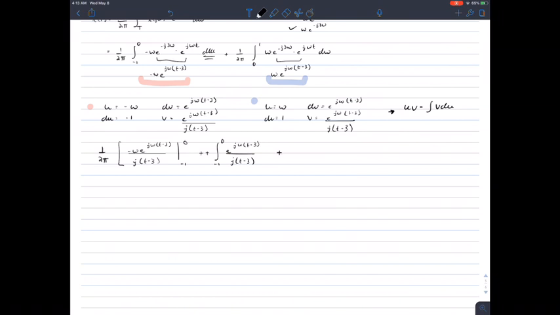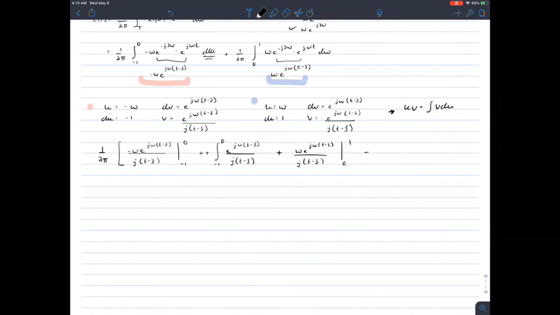Okay? Plus the blue side now, okay? So u times v is going to be omega e to the j omega t minus 3 all over j t minus 3 from 0 to 1.